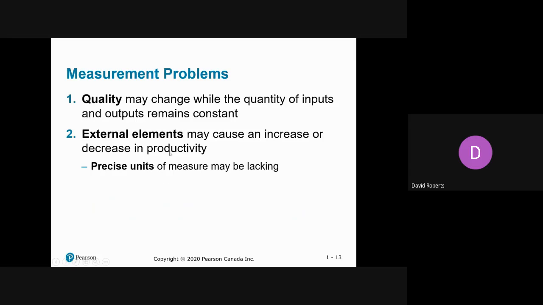Quality is important because if you produce 50 units, but 2 of them are defective, you can't really sell them. Or if you do sell them, they are sold for a discount. They've got a scratch, a dent, a hole in it, or whatever the case may be. Then in that case, that would actually reduce the quantity of outputs. So external elements may also cause an increase or decrease in productivity.